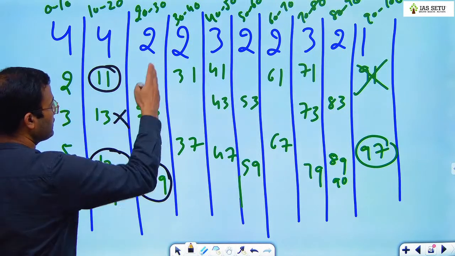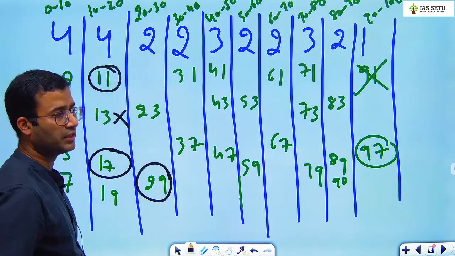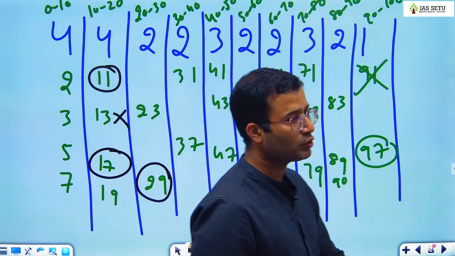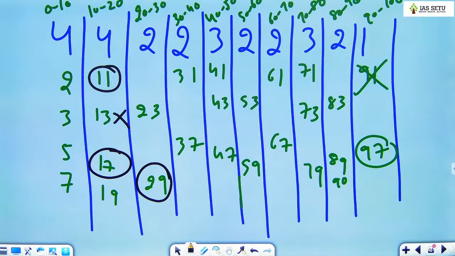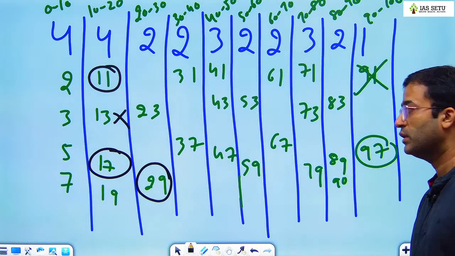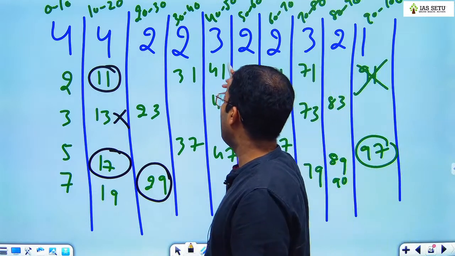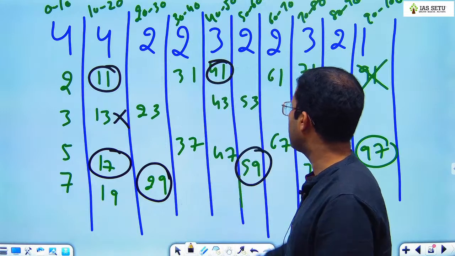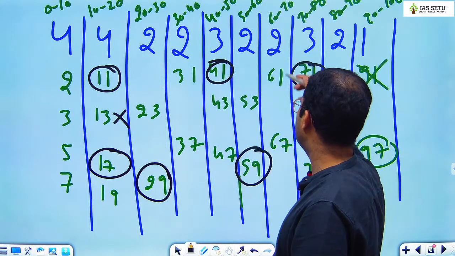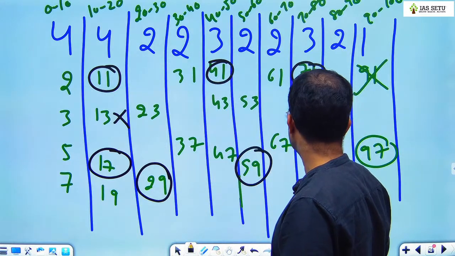They just check it like this: 29 plus 2 is 31. 29 is a 2-digit number, yes or no? 29 is a prime number, yes or no? 29 plus 2 is 31, also a prime number, yes. So 29 also comes in. 41, yes. Then 59, yes. 71, yes.